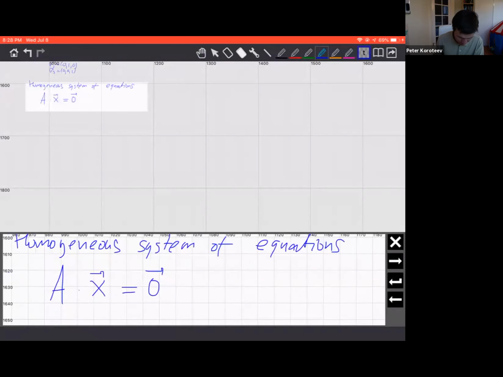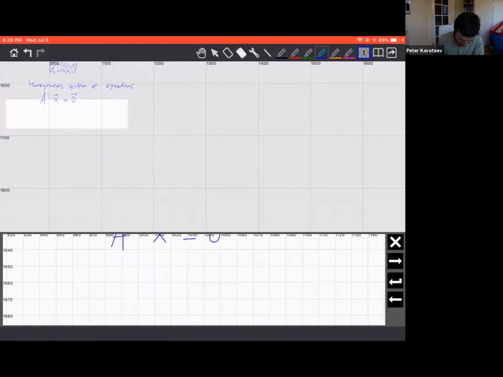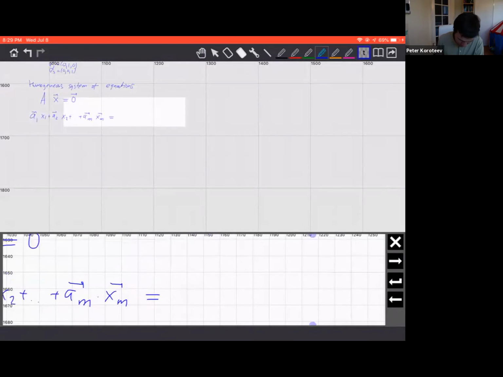Now, if A is an n by m matrix, we can rewrite this equation as A1 times x1 plus A2 times x2 and so on, plus Am times xm equals 0.